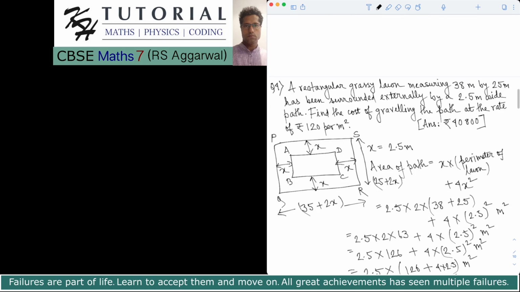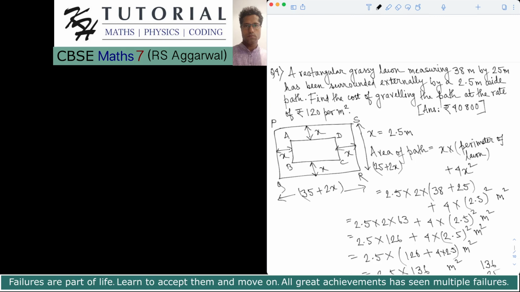But please note that in many of the problems, I have directly used the formula that when the path is constructed outside the rectangular plot, the area of the path becomes x multiplied by the perimeter of the plot plus 4x square, where x is the uniform width of the path. And if the path is constructed inside the rectangular plot, the area of the path will be the same, but it will be minus 4x square.